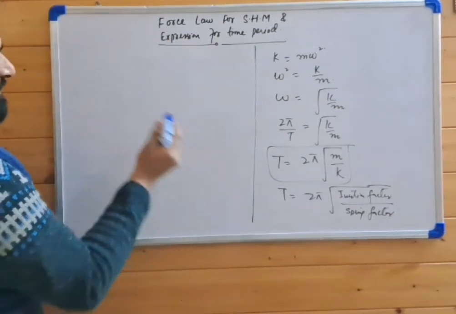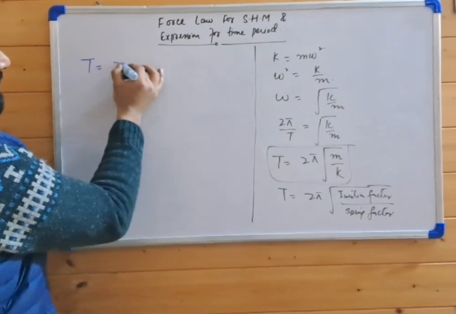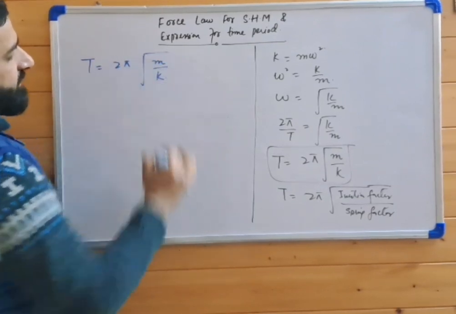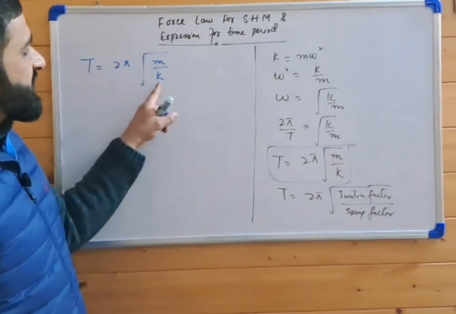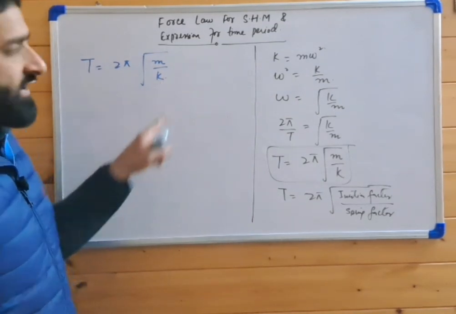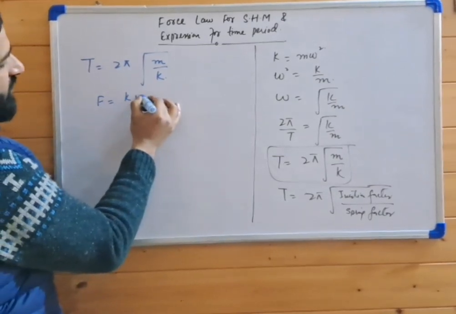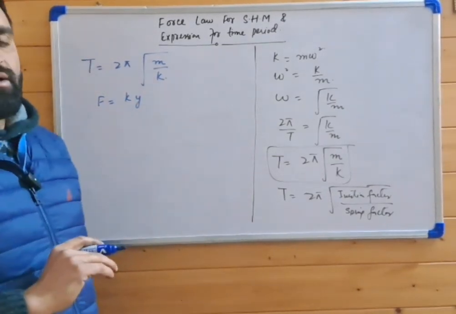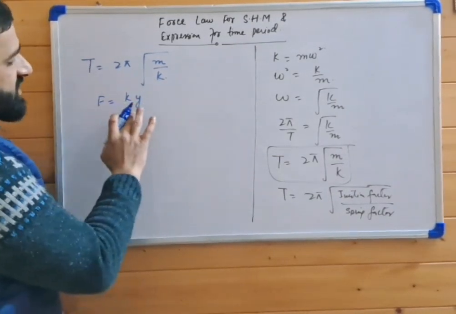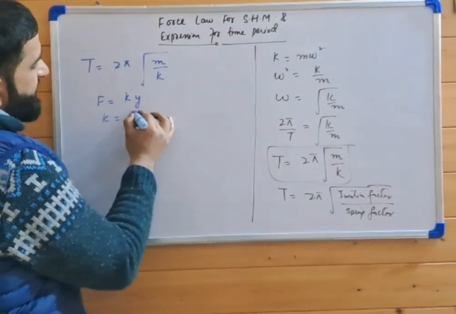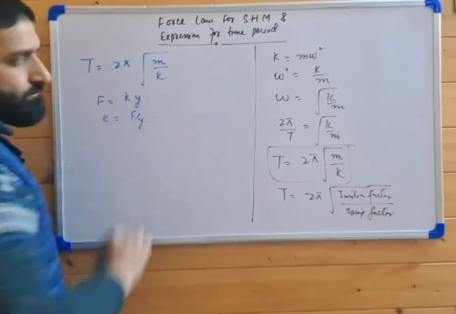Discussing further, if T is equal to 2 pi root of m divided by k, now this k is a restoring factor, as F is equal to ky. Taking the magnitude only, F is equal to ky, we can say that k is equal to F divided by y.